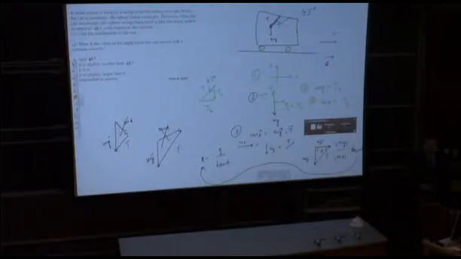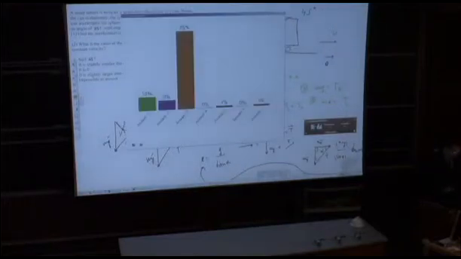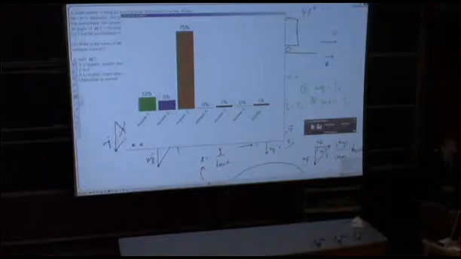Thank you, exactly. So in this particular situation, the acceleration will be equal to g. And the angle will be equal to 0. Of course, when velocity is constant, there is no acceleration.